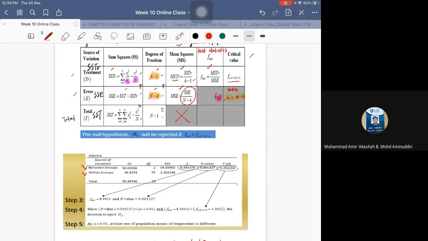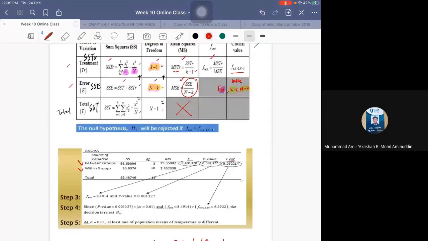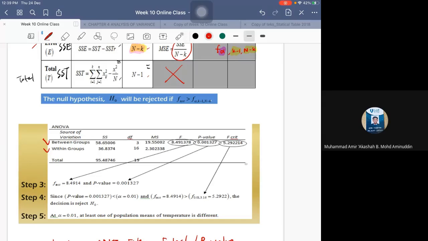You just have to extract the information from the Excel output. And the thing about Excel is that it gives you everything. It gives you the test statistic value, so this is actually the test statistic value, and it even gives you the p-value, meaning that you have a choice. So you can either use the test statistic or you can also use the p-value.